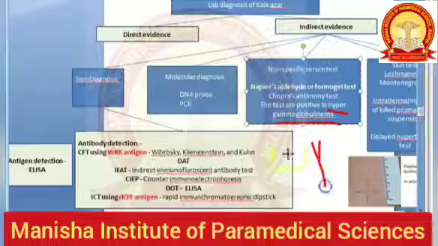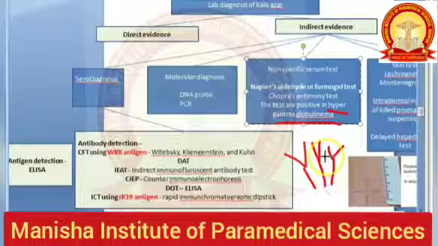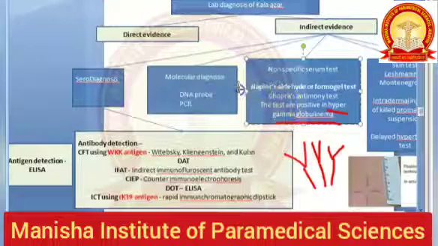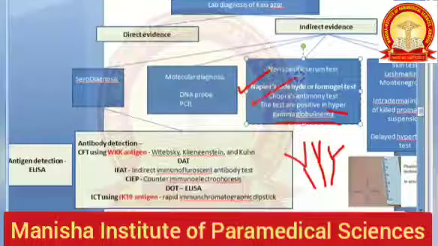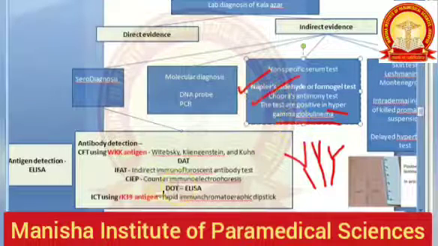Lot of antibodies will be there against RBC, against WBC. So hypergammaglobulinemia will be there. To detect this, you will use Napier's aldehyde test or Chopra's antimony test. Just listen to what this Napier's aldehyde test is.